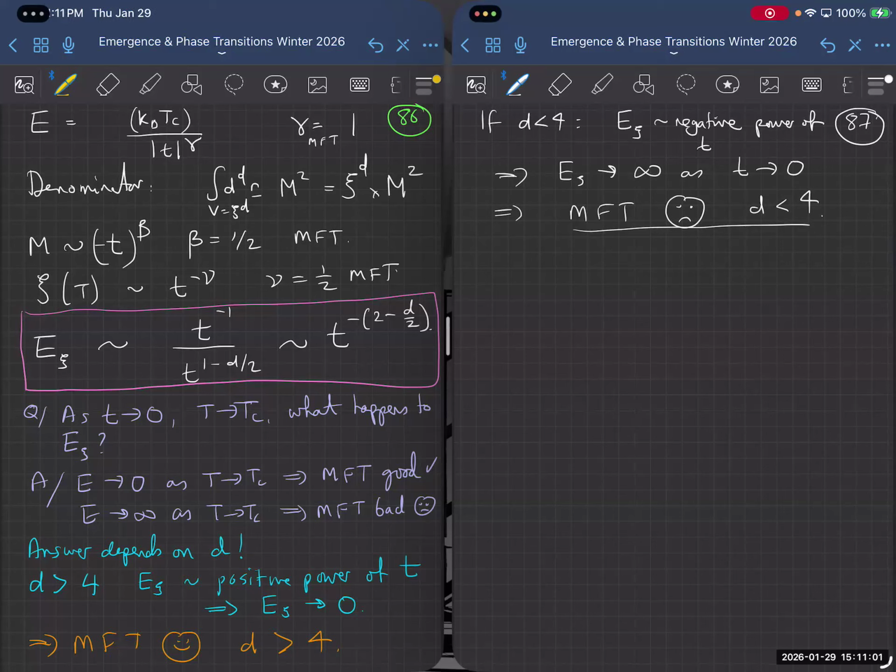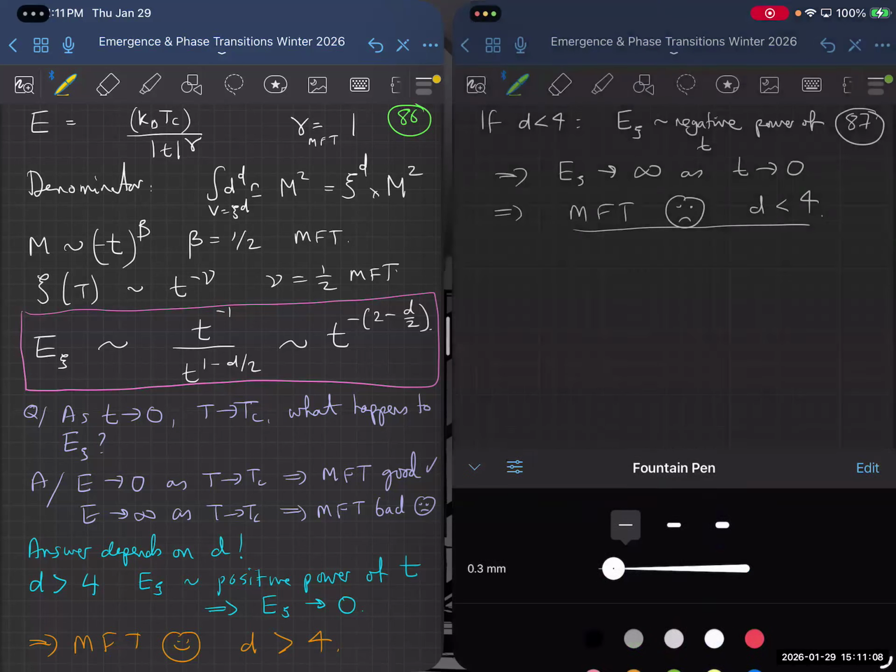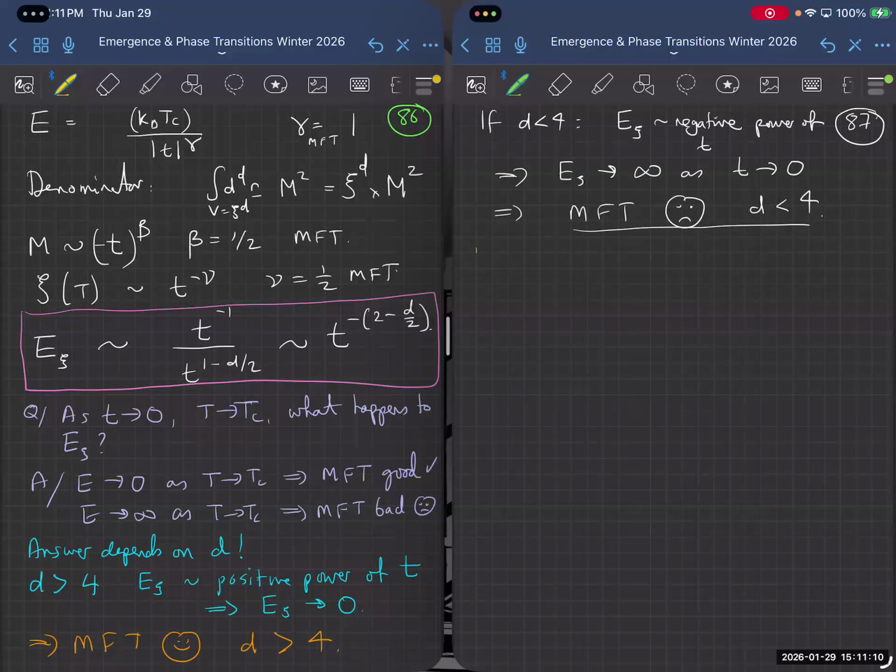So now this is an amazing conclusion, because in all of this calculation, we just used the scalings that came from mean field theory. So note that to do this calculation, it used only the scalings from mean field theory, and it predicted the breakdown.